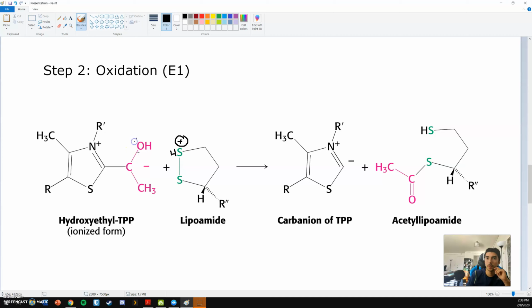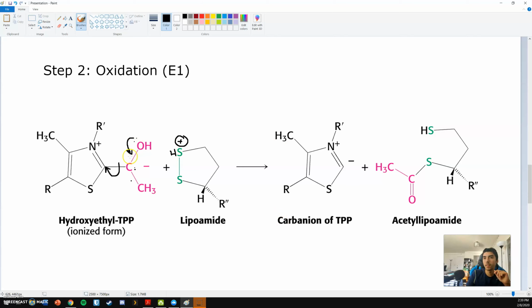So from here, the lone pair on the oxygen forms a double bond, and then as a result, this lone pair, the bond breaks here and we form an anion. Because of this, we get this reforming the carbanion of TPP, which we need in step 1. So that's pretty cool. It gets recycled.